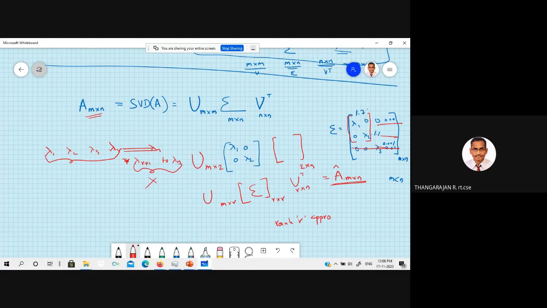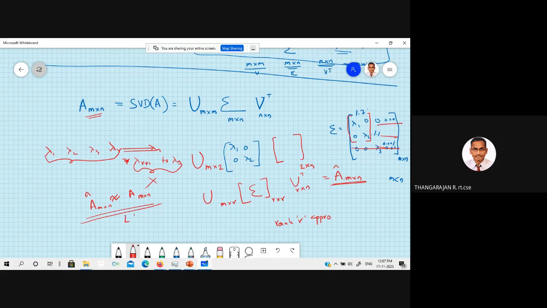So in that case, my A cap of M cross N will be approximately equal to A of M cross N. They are not the same because I have taken a lower rank approximation. Because of this, some latent variables come into the picture.